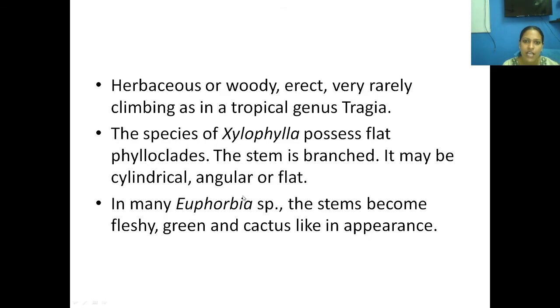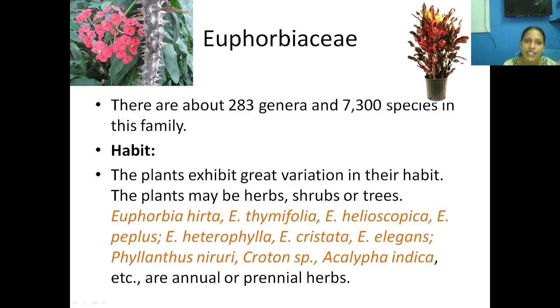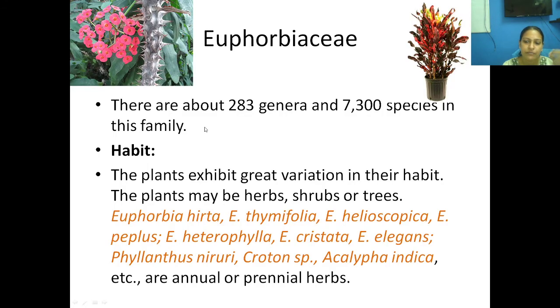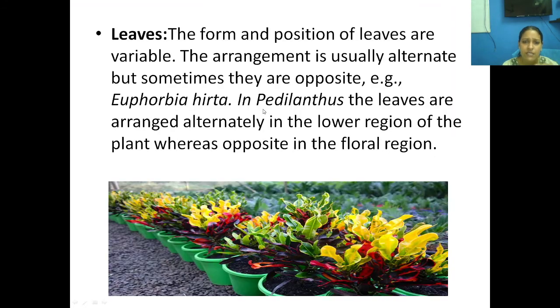Some plants have phylloclades, just like in cactus, where the stem has been modified into a phylloclade-like structure, and in many Euphorbiaceae the stem becomes fleshy, green and cactus-like in appearance, as we have seen in this picture. Okay, so this much for the features of the stem.